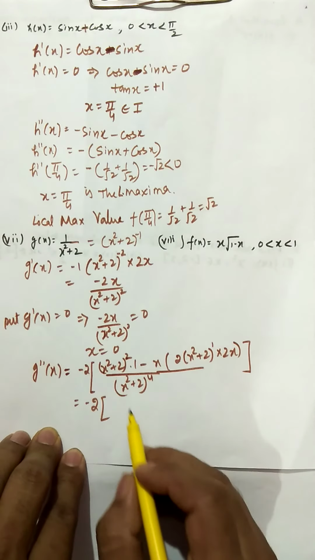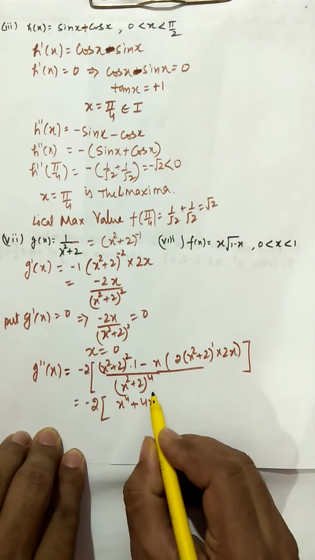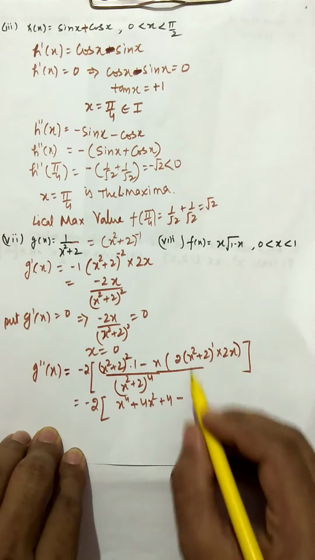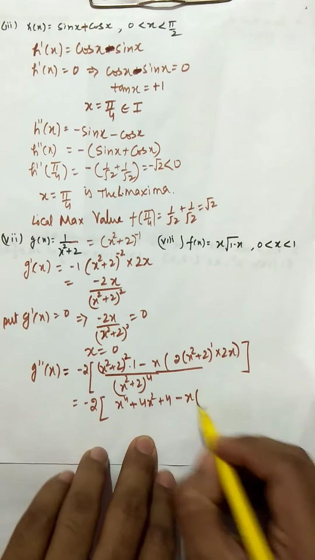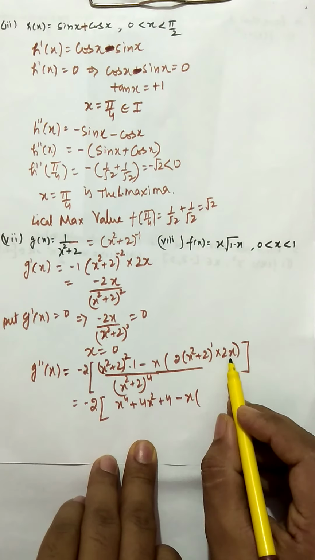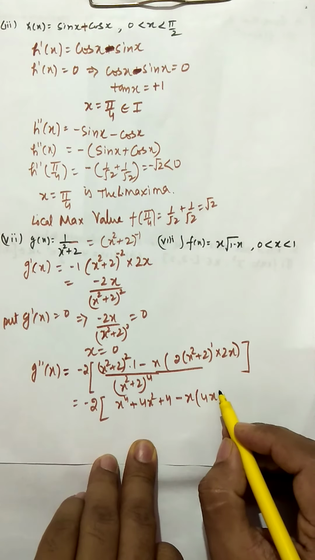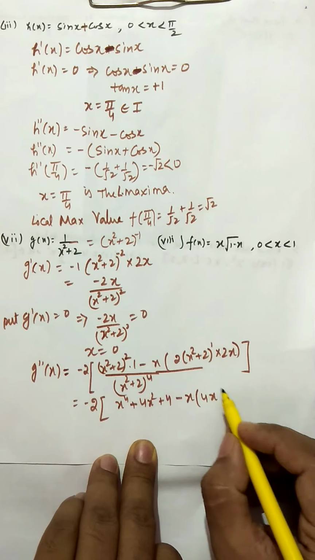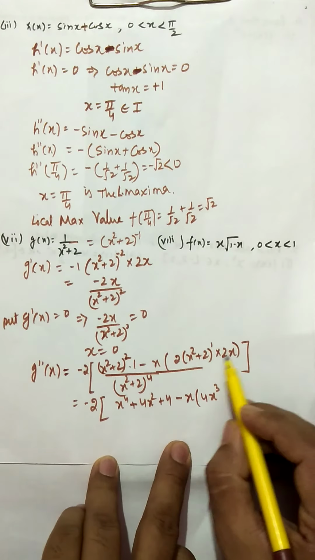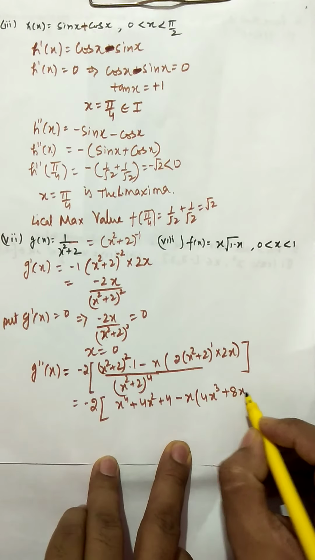If you open this, it will be x to the 4 plus 4x square plus 4, and now you can simplify here. You open the bracket, this is going to be 2x square, so it is going to be 4x cube, and this is 2 to the 4, 4 to the 8. This is going to be 8x.